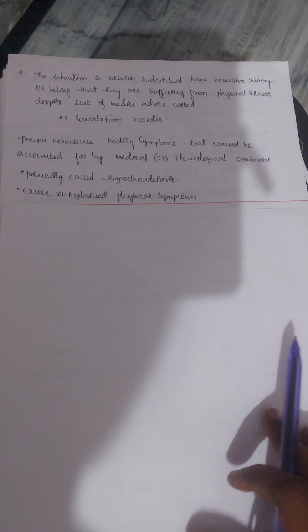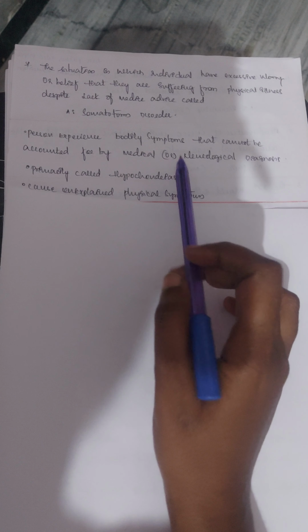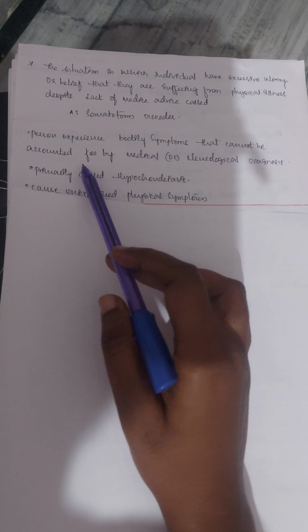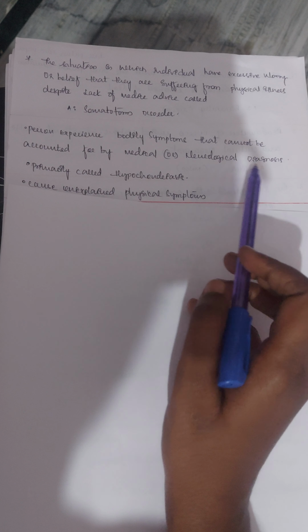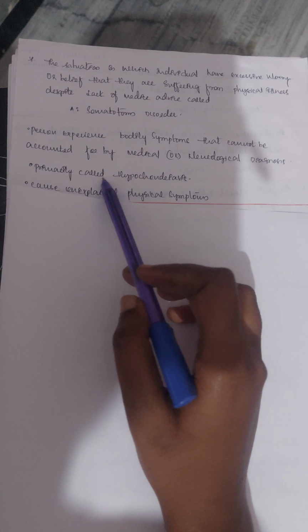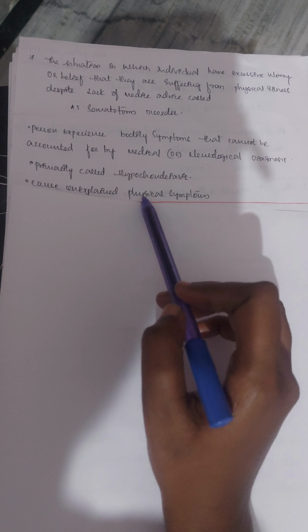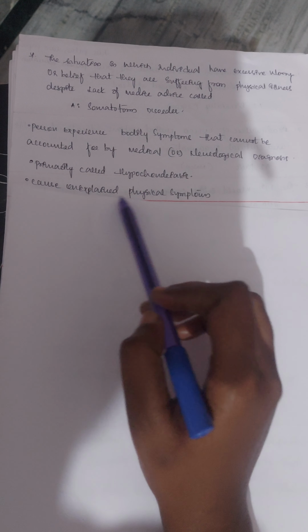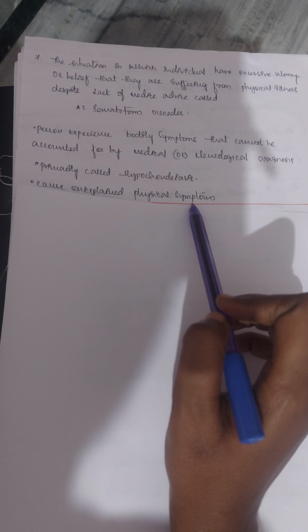So actually, another name for this somatoform disorder, we can also call hypochondriasis. Hypochondriasis is one of the medical disorders, and here the person experiences symptoms that cannot be accounted for by medical or neurological diagnosis, unexplained physical symptoms.